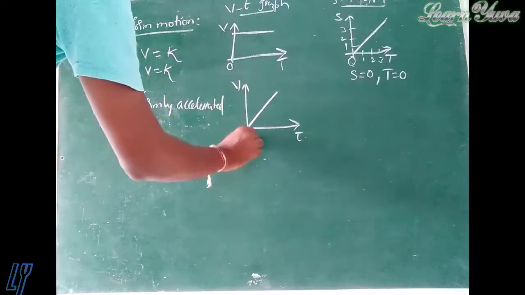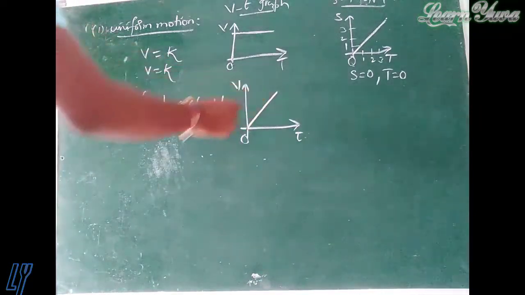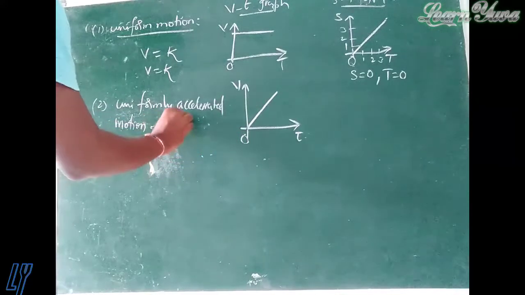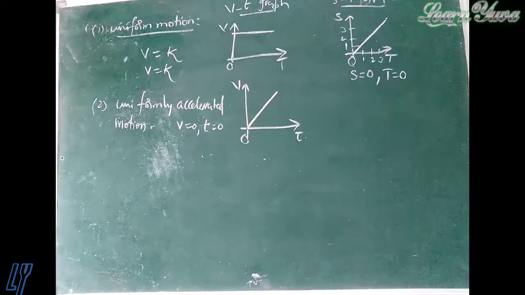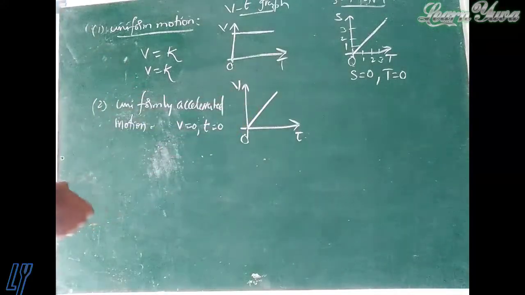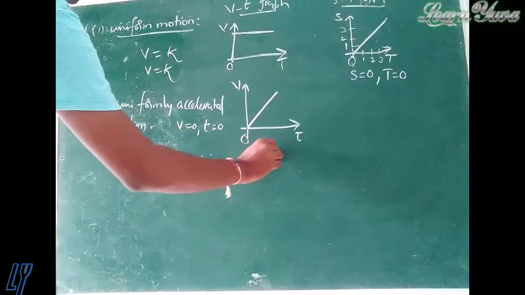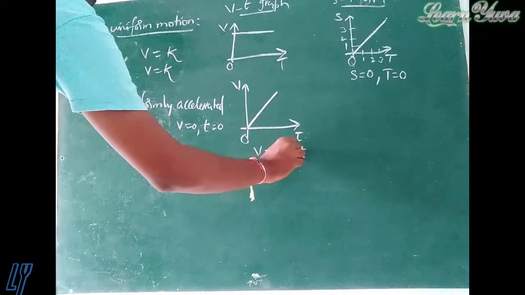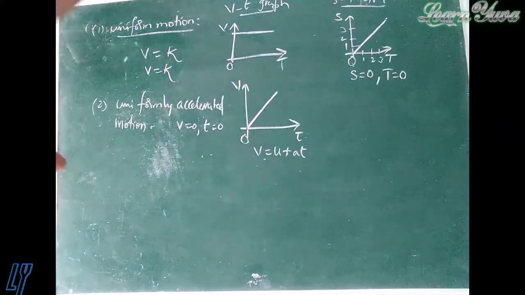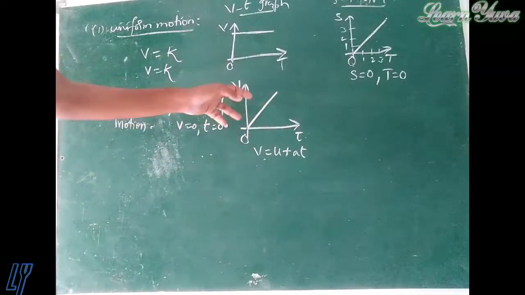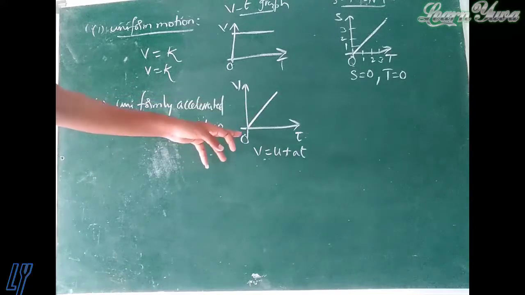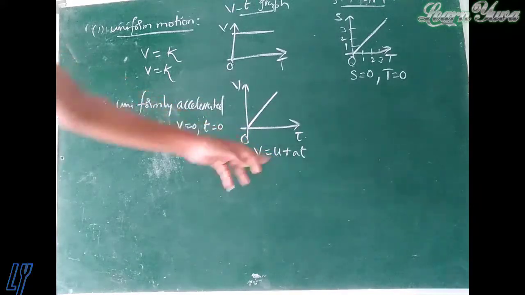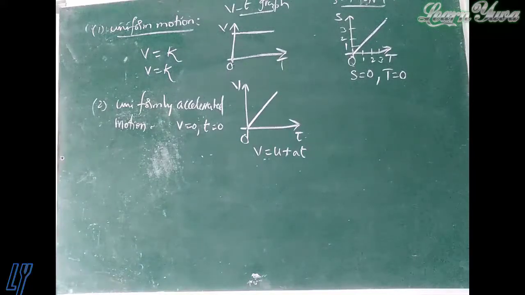The body is traveling from the origin O. Here v is equal to 0 when t is equal to 0. So you can get the equation v is equal to u plus at, because it is a velocity-time graph and the slope gives the acceleration. Since the body starts from the origin, we can take the initial velocity as 0.